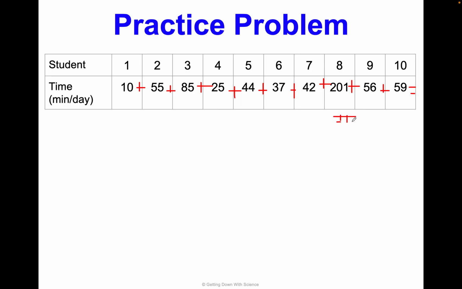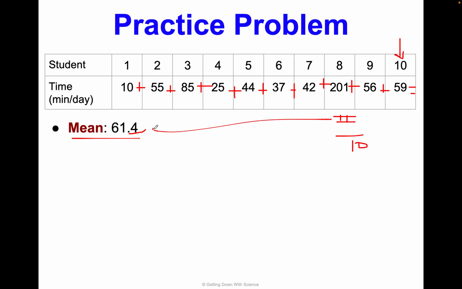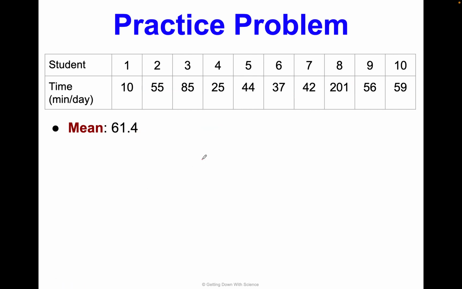Once we get this number, we're going to divide it by the total number of students, which in this case is 10. Okay? So the mean here is going to be, this is the average, 61.4. So I imagine that this number here is 614, right? Because you divide that by 10, you move the decimal. Awesome. So that's how we would get our mean. We would add them all up and divide them.